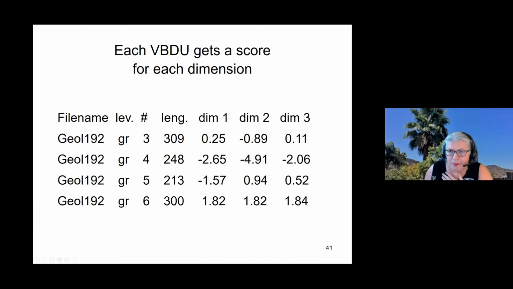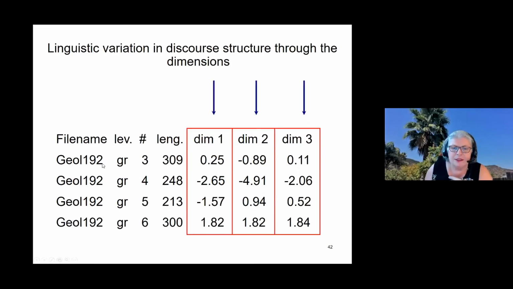So getting back to our discourse units, each unit will have a dimension score for dimension 1, dimension 2, dimension 3, as you see. So for example, if I look at the third unit in a geology class that's 309 words long, I see that it's not very contextually oriented, but it's also not very informationally oriented.